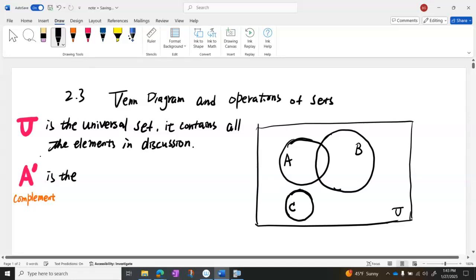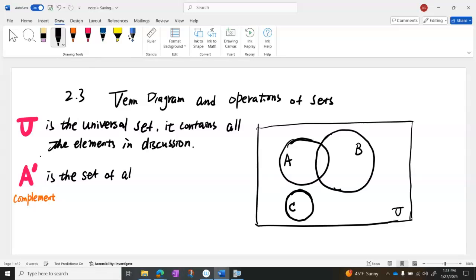Is the set of all elements that are in U but not in A.